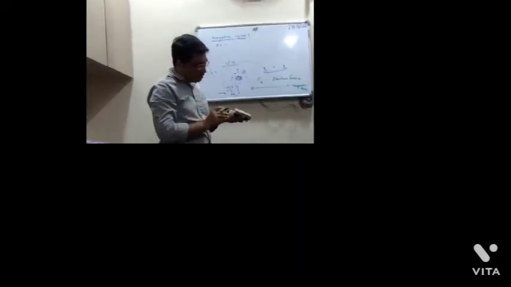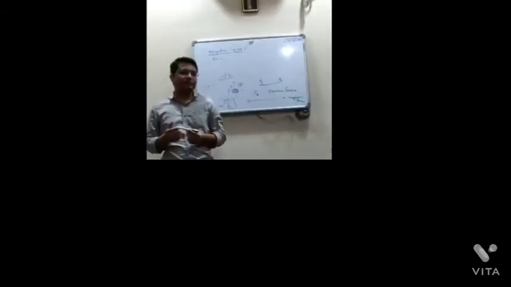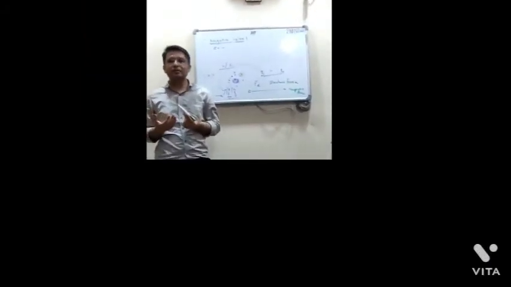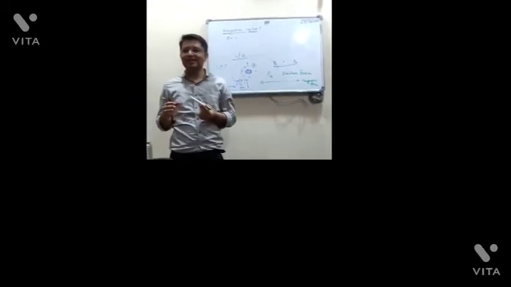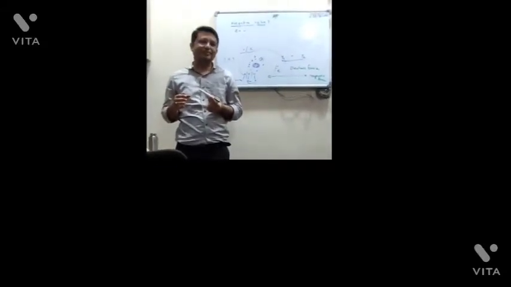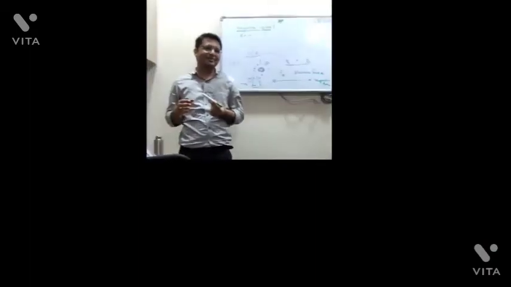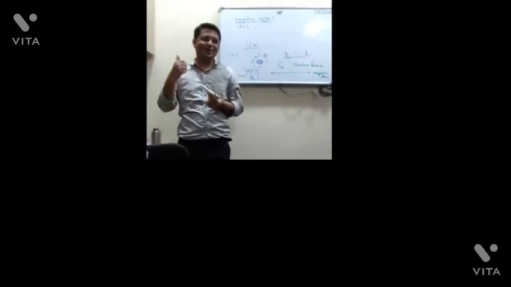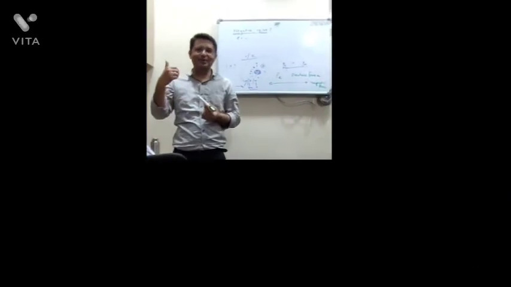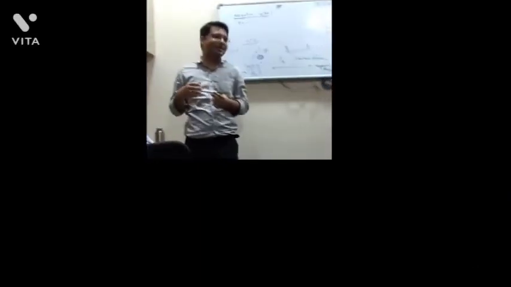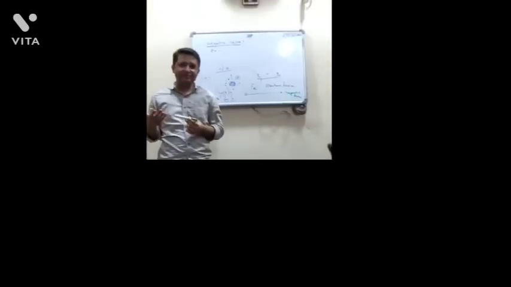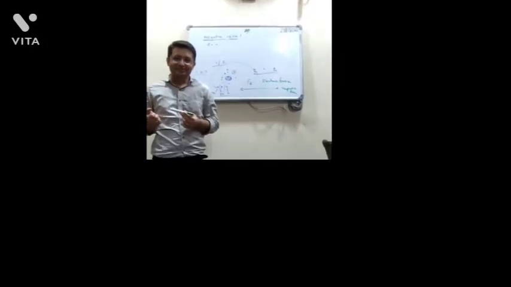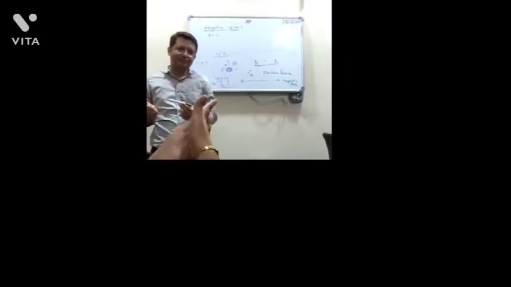So I don't know whether you know what is the right hand thumb rule. Those who have a right hand and a thumb can say that we know the rule. Right? What is the right hand thumb rule? This is current, this is the direction.